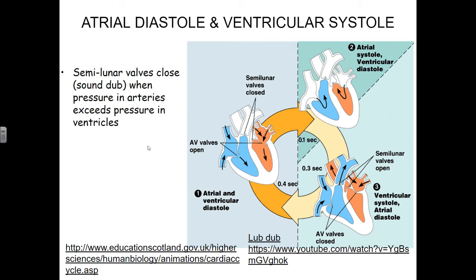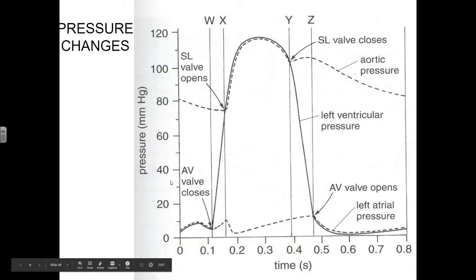That makes the dub sound when the pressure in the arteries exceeds the pressure in the ventricles, and it's pushing back down. So there's this constant ongoing pressure in the arteries, even when your heart isn't pumping. And when the heart's not pumping, that blood pressure will push down, and it will make that dub sound. The cardiac cycle begins again.